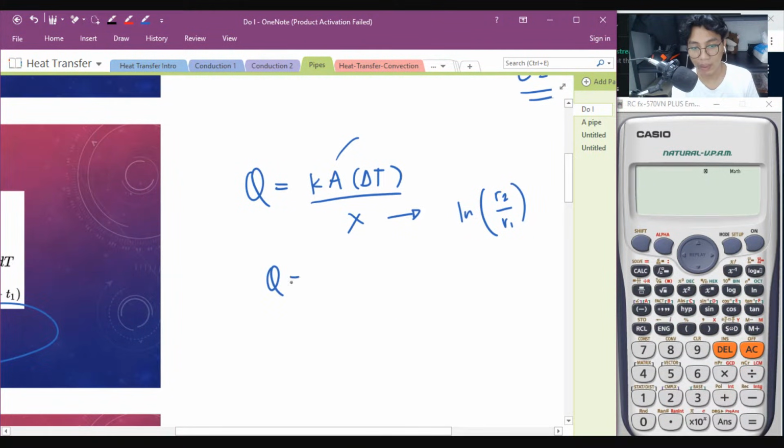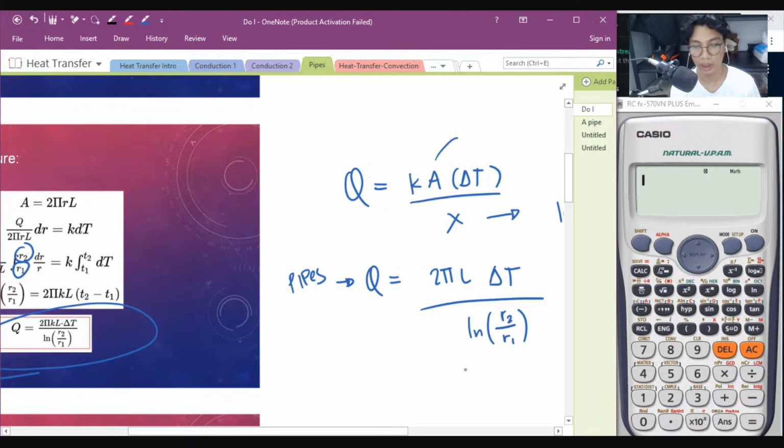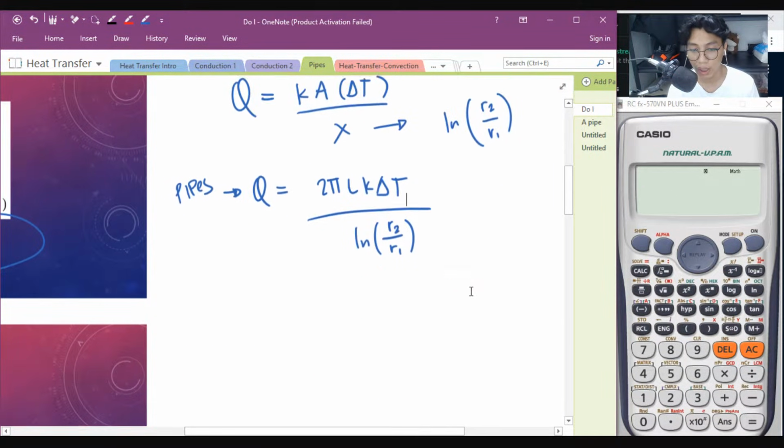So, Q will now become, for pipes, Q will become 2 pi of the length multiplied to, tignan nyo dito, ayan, multiplied to delta T over the natural logarithm of the ratio of the greater radii to the lesser radii. Okay? And, syempre, wag mo kalimutan yung thermal coefficient or the thermal conductivity of the material that is used in constructing the pipe.